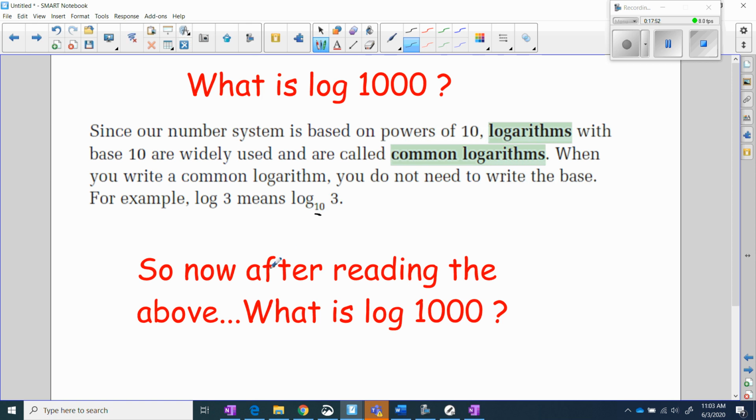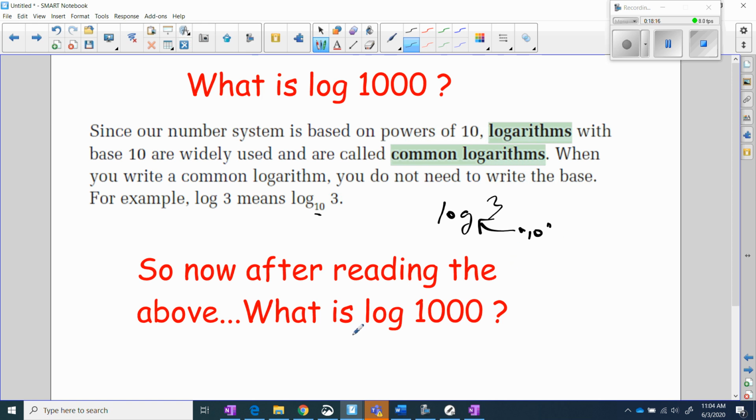You do not have to write base of 10 in there. It is what is referred to as common log, and because it's used so commonly, we do not have to write it in. It's understood. Therefore, if I go log of 3, I know that this means, even though it's not there, base 10. It means 10 raised to what power gives me 3.